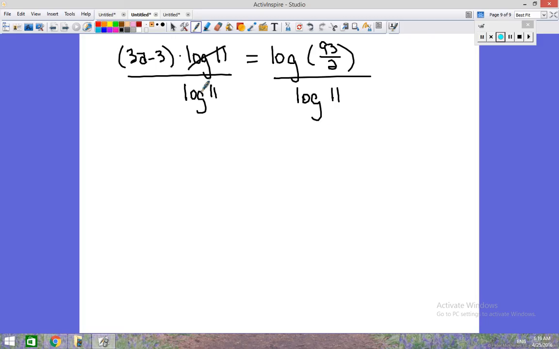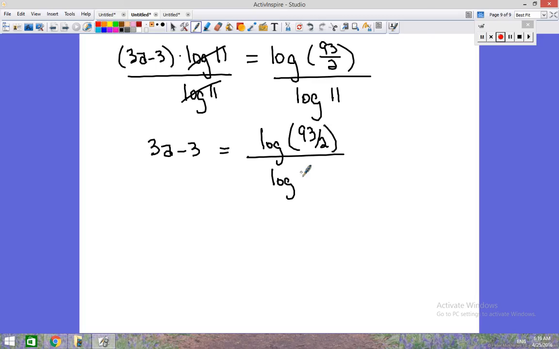Log 11 divided by log of 11 is 1. Alright, so now in 2 steps we'll have our answer.